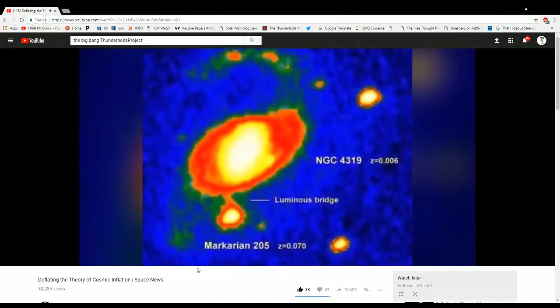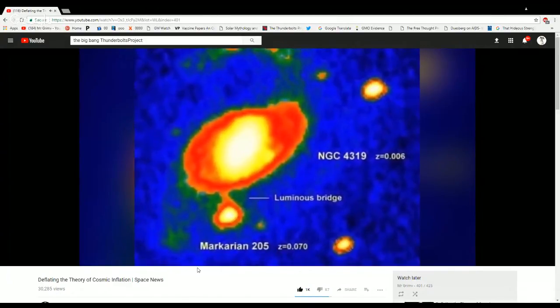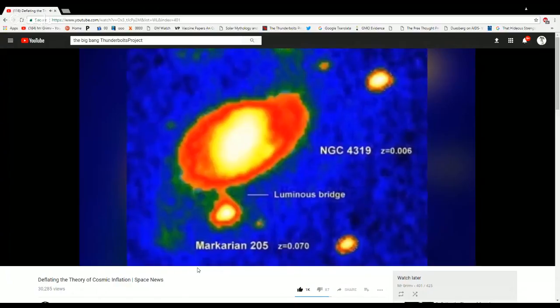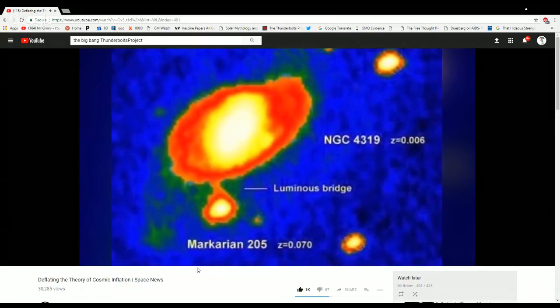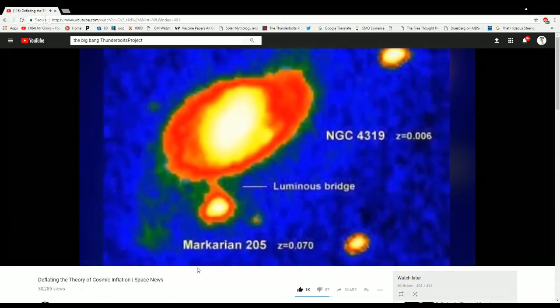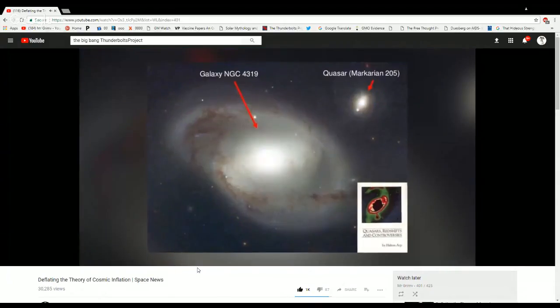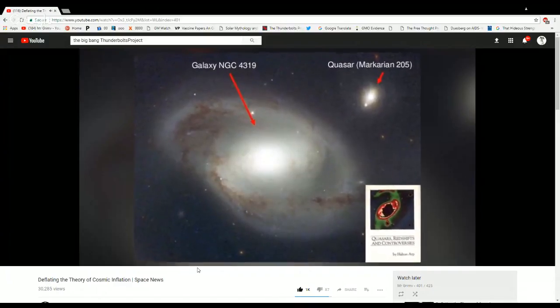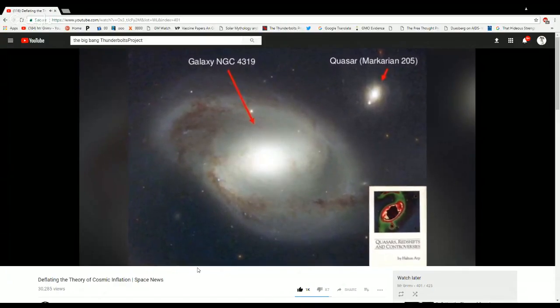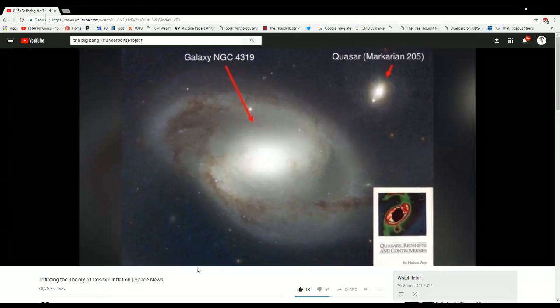Arp called attention to the fact that the lower redshift galaxy is physically connected to the higher redshift quasar. A filament between the two objects violates the measured distances because no such connection should be possible. After all, NGC 4319 is said to be about 600 million light years from Earth, while Markarian 205 is around 1 billion light years away.